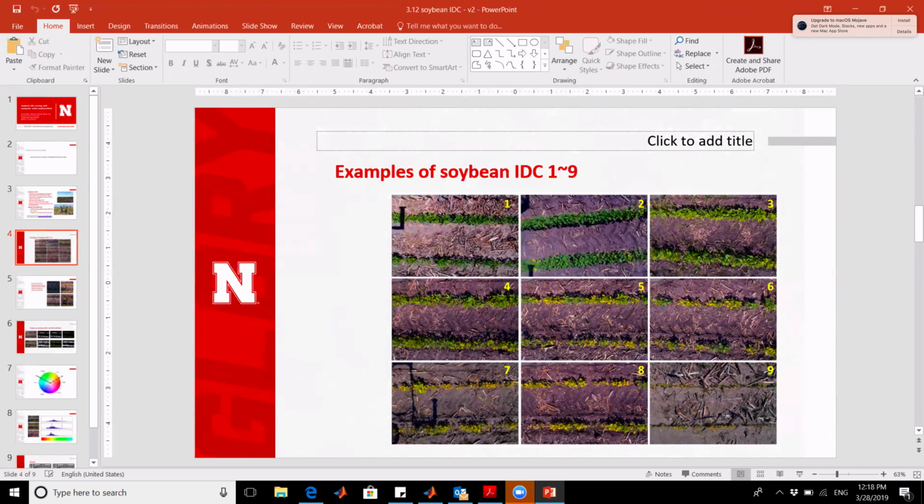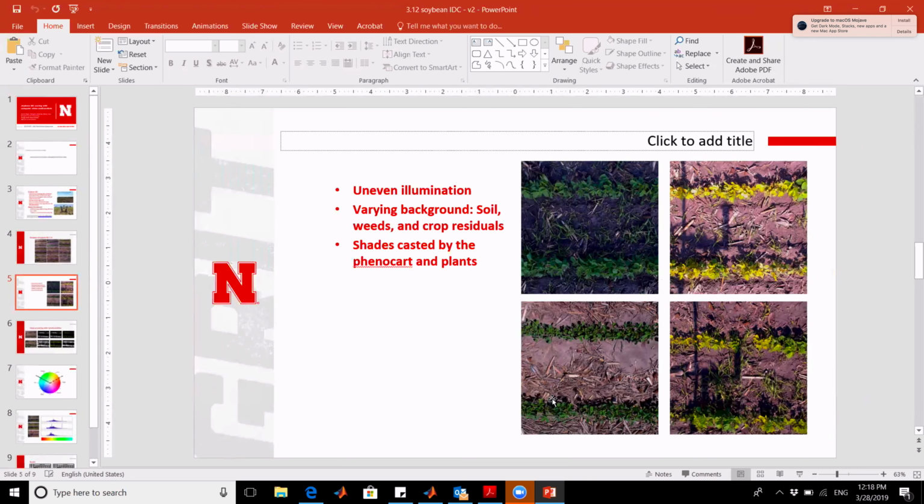Okay. All right. So here are some problems that we have. This is a real picture, and we don't do a whole lot of quality control. You can see the illumination, right? Those are from the same field. Sometimes this illumination problem becomes really bad if you get a cloudy day, with clouds coming and going, because you're going to be in the field for 2 or 3 hours of continuous imaging, and sometimes you've got cloud cover and sometimes you don't.